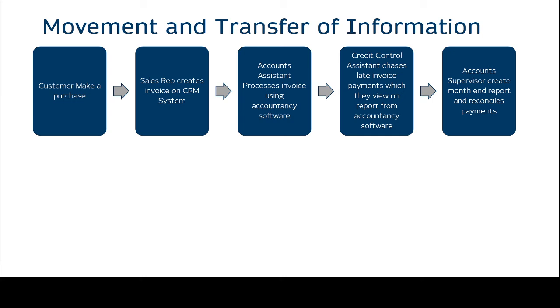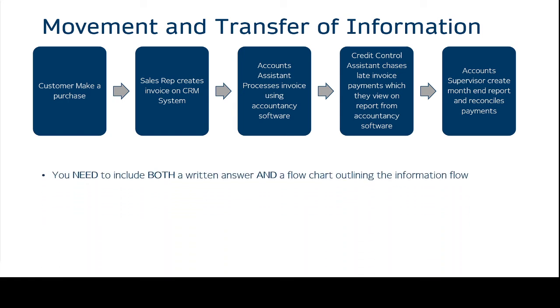It starts with the customer making a purchase, the salesperson creates the invoice on the CRM system, the accounts assistant sees it on the CRM system, puts it in the accounts software, the credit control person runs a report and sees that there's a payment missing, and the payment is then processed and sorted by credit control. At the end of the month, the accounts supervisor runs a report, and that invoice is part of the report. It's one of the many invoices that would be summarised and totalled up to see how many invoices have been raised that month.